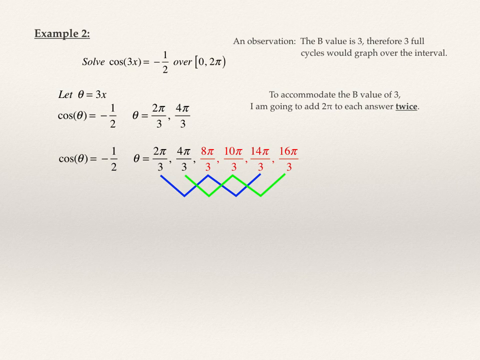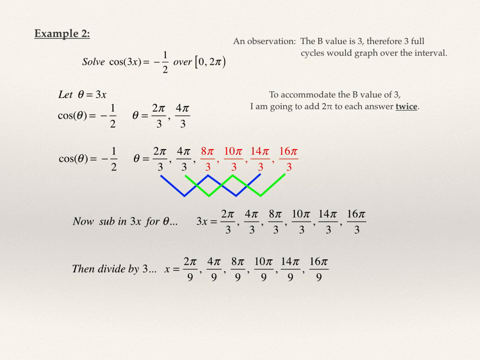Going back to 4 pi over 3, one of my original answers, I'm going to follow the green line. If I take 4 pi over 3 and add 2 pi, I get to 10 pi over 3. When I add 2 pi to 10 pi over 3, I get to 16 pi over 3. So you have to take into account what that b value is and how many potential answers you're looking for.